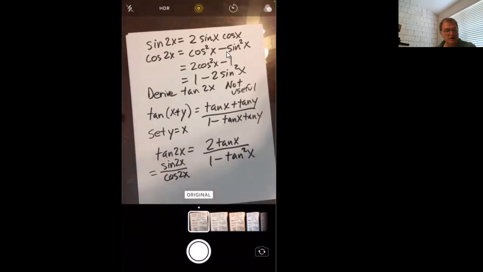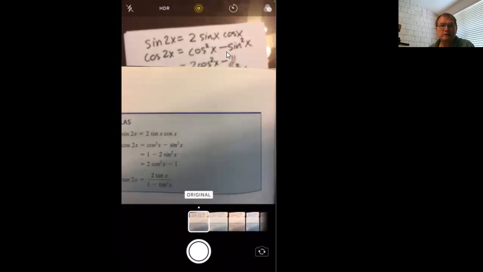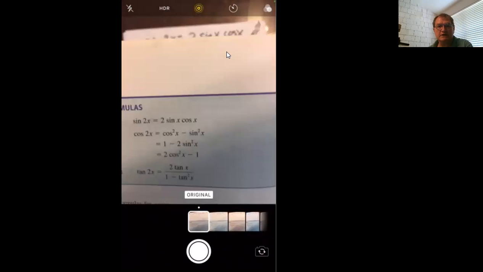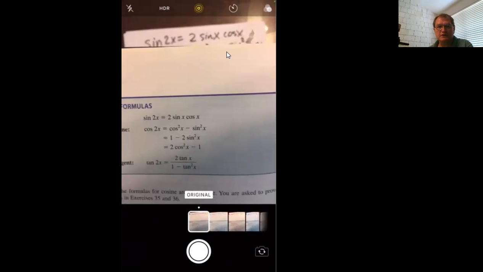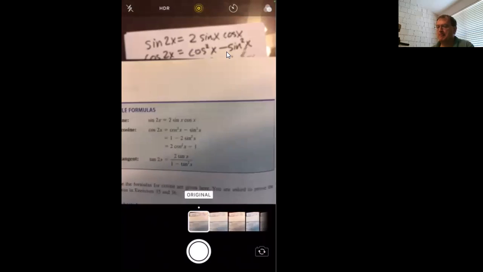I can show these to you on the next page. There they are: twice sine x cosine x, three versions of cosine 2x, and then the tangent of 2x. I've never really seen it used much.